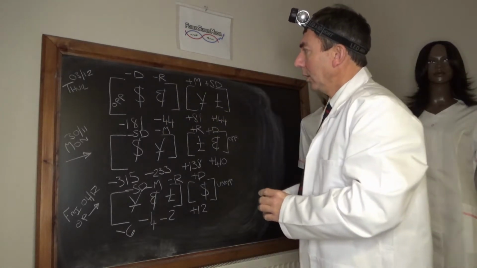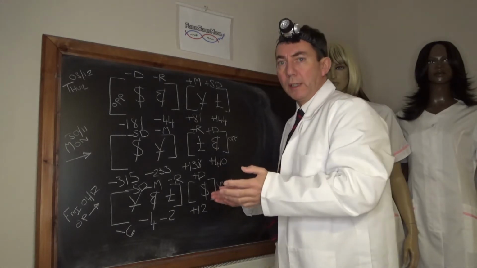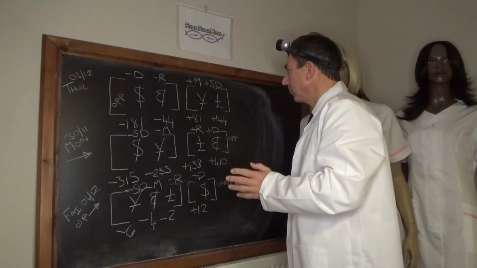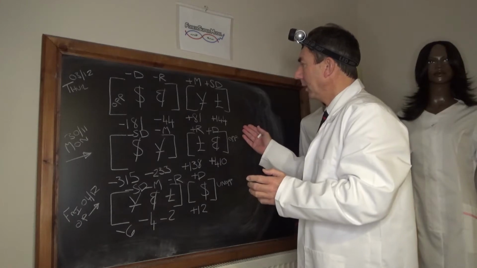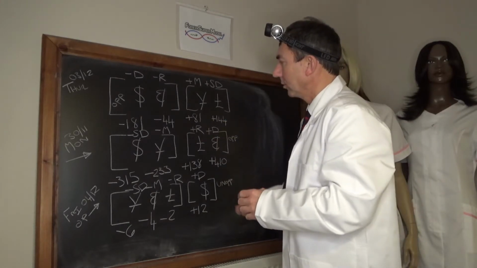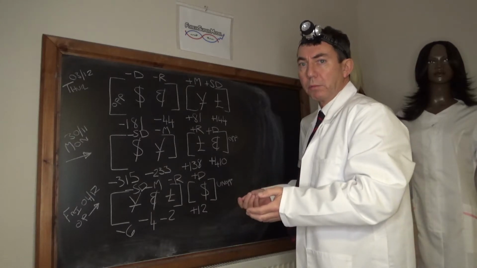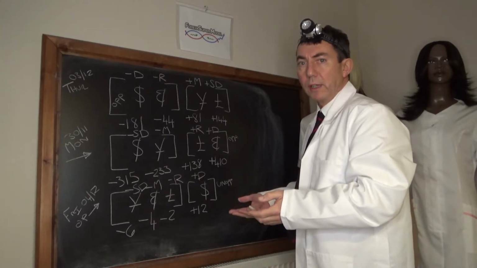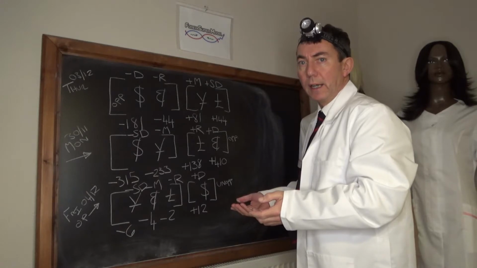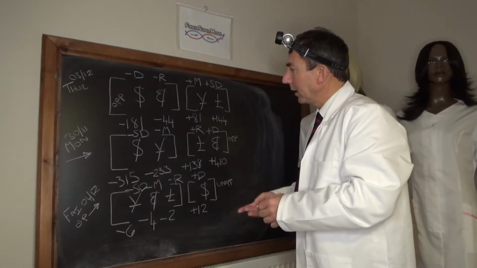Right. So we had dollar weakness, pound strength, and a bit of yen strength as well. The yen strength again probably secondary flows in equities, but we'll talk about that later.